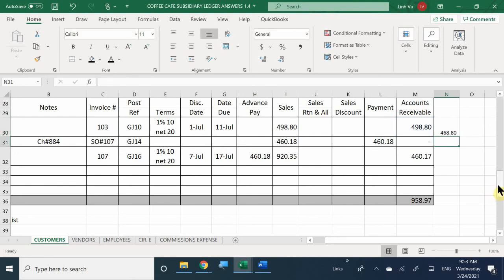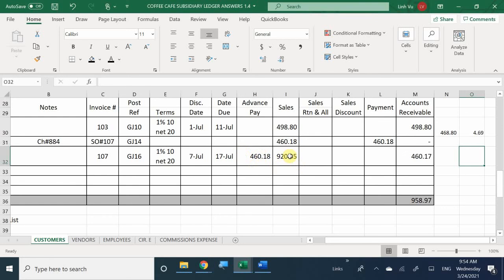Okay, so times 1% should give you 4.69. So there you go. My discount here is for $4.69.